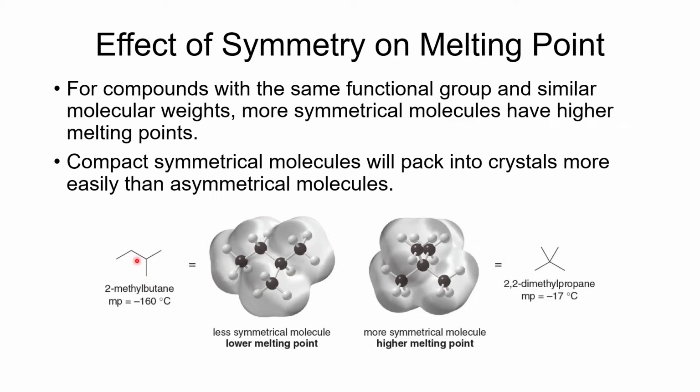And there's not as many planes of symmetry as you'll see in something like 2,2-dimethylpropane. And you'll see this one's much more ball-shaped, much more symmetrical. And as a consequence, we will find that it has a higher melting point. So lower melting point for the less symmetrical molecule, and higher melting point for the more symmetrical molecule. And you'll see there's a very significant difference there in that melting point.